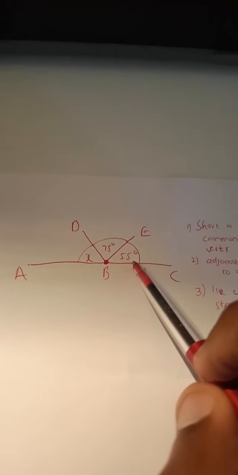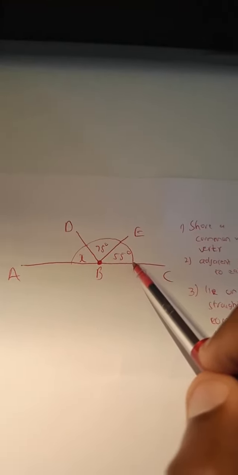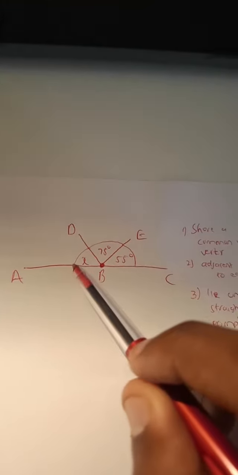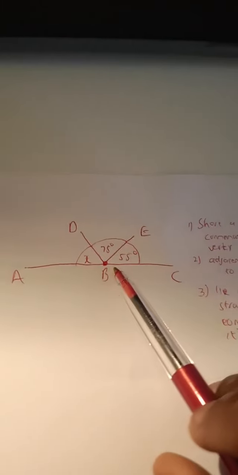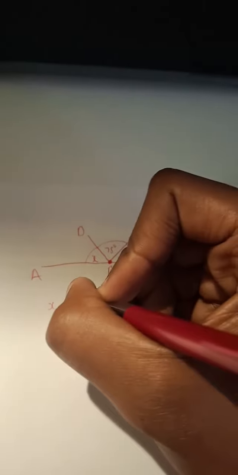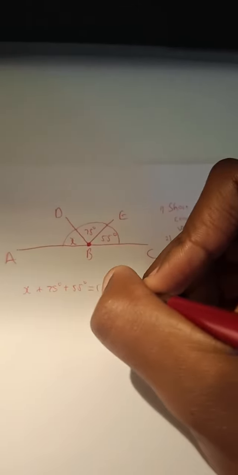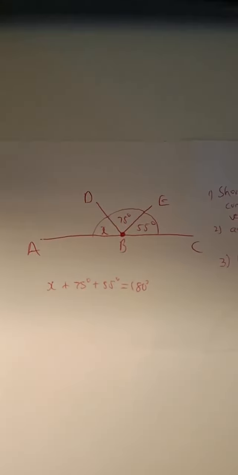It's like your protractor, that instrument that you use. The protractor starts at 0 and it ends at 180. So that is why, guys, we can say the following: X plus 75 degrees plus 55 degrees is equal to 180 degrees.